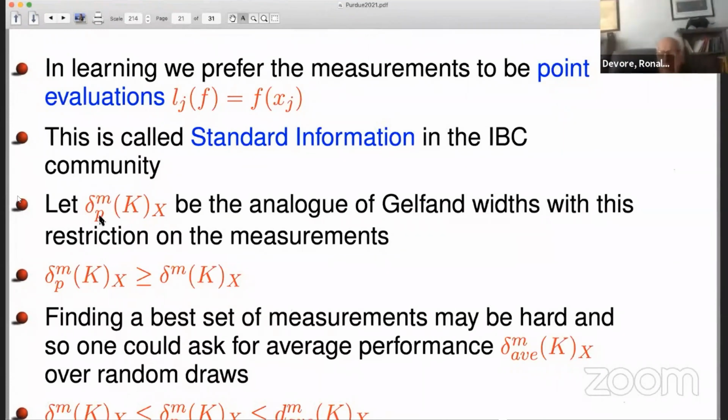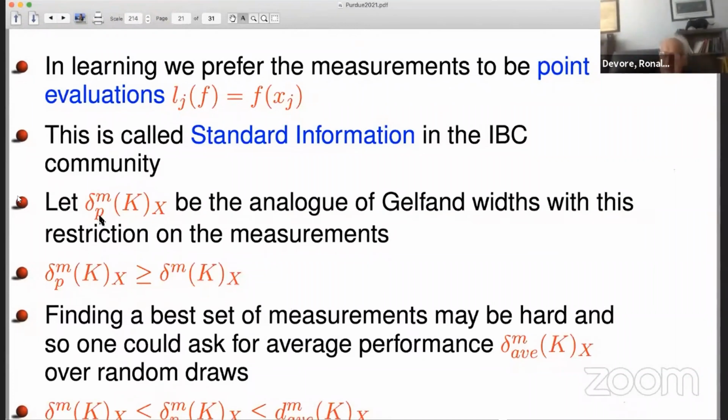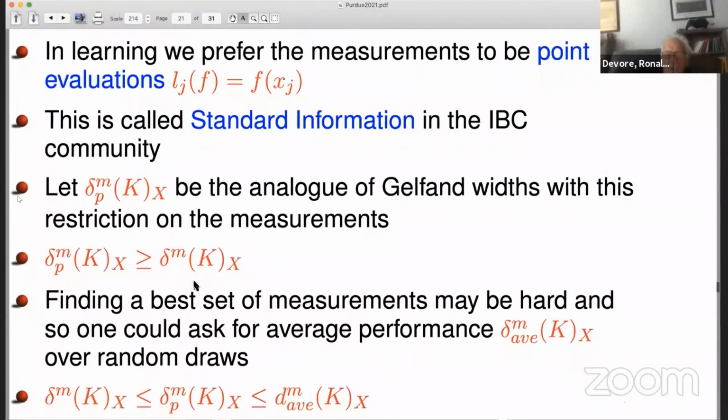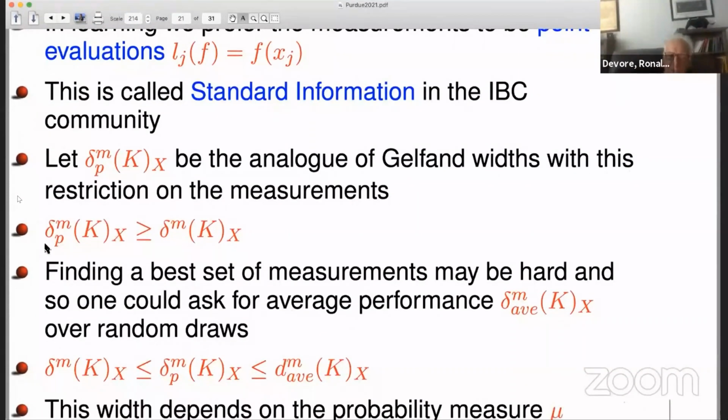Here, the P stands for the fact that I've restricted my measurements to be point evaluations. And delta m P would tell me the best error I could do if I could optimally choose the points x1, ..., xm for the set K. So I know K, I now look for the best points, and delta m P would tell me the best error. It will be worse than the Gelfand width, but it would be interesting to know, for a given model class, how this behaves as m tends to infinity.